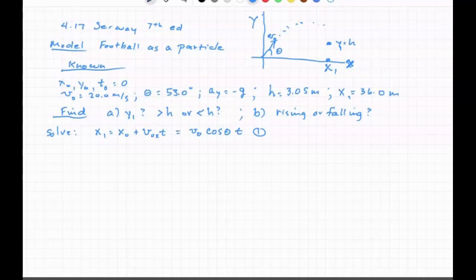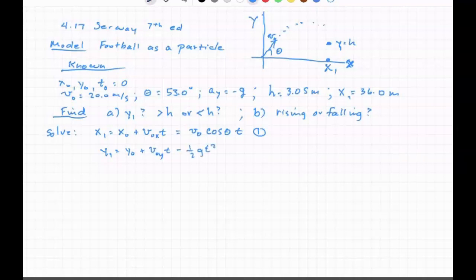So we have y sub 1 is equal to y sub 0 plus v sub 0y t minus 1/2 gt squared.